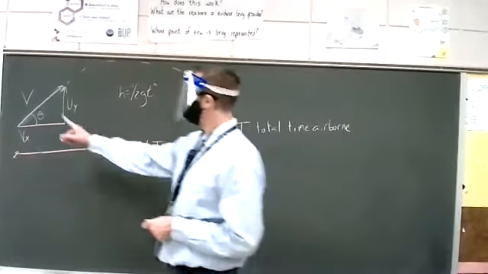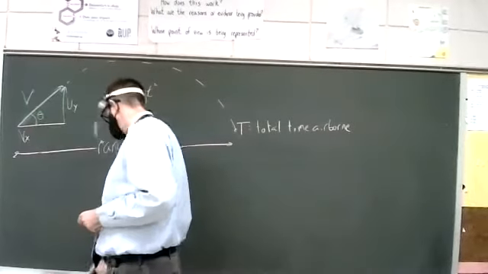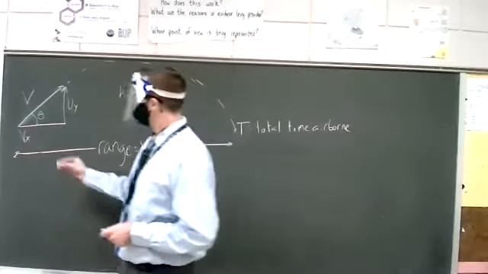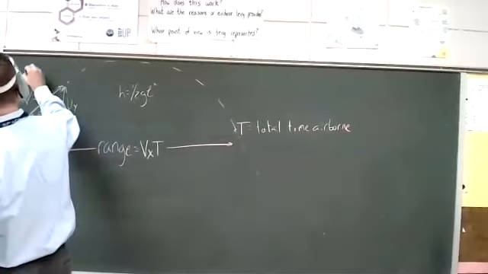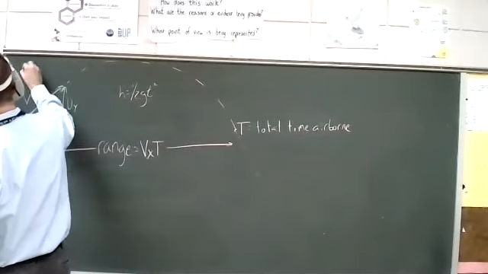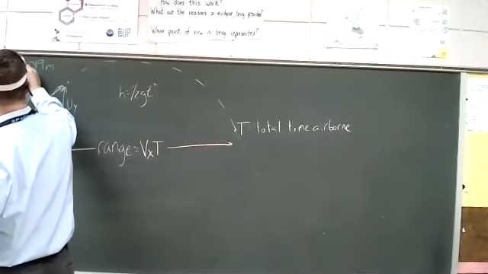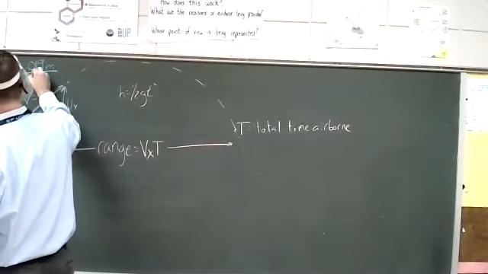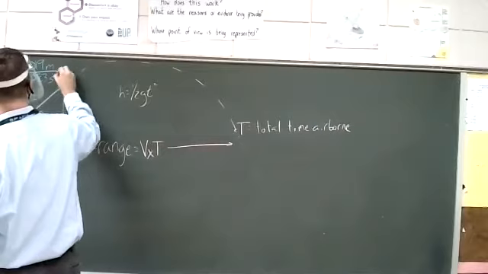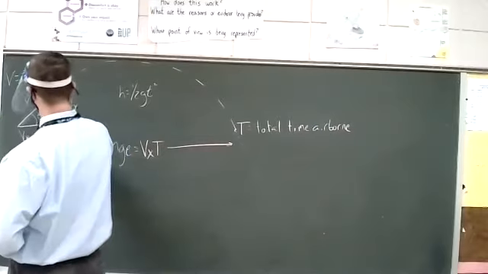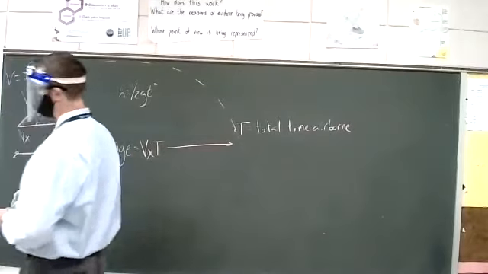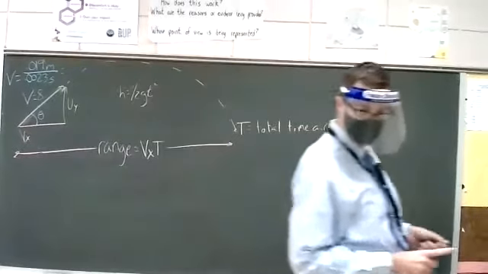So the velocity is 0.019 meters divided by 0.0023 seconds, or 8 point something.